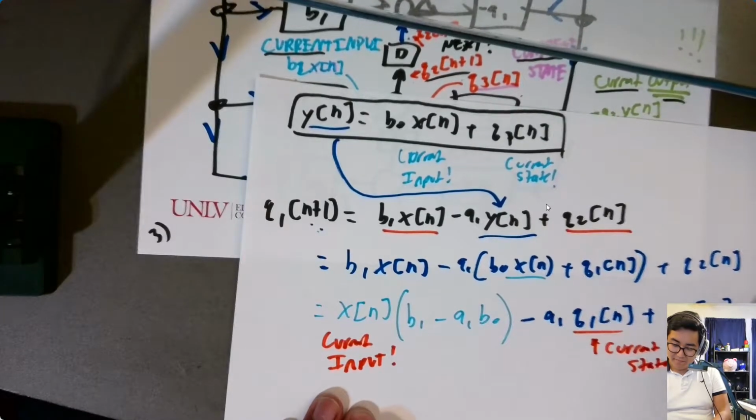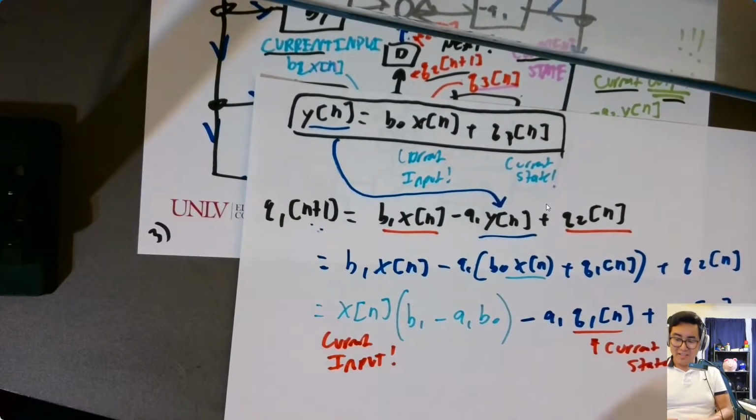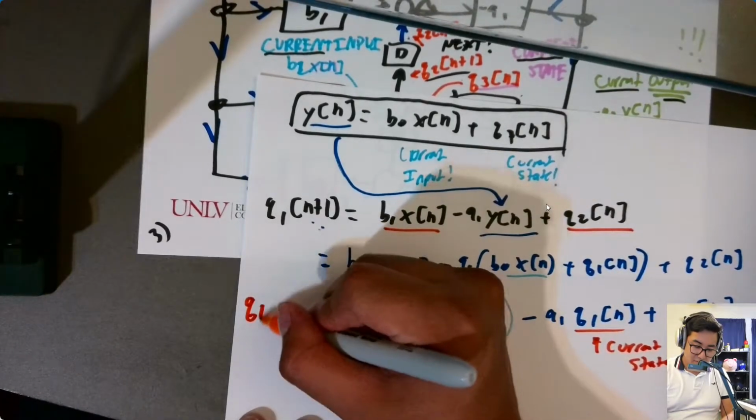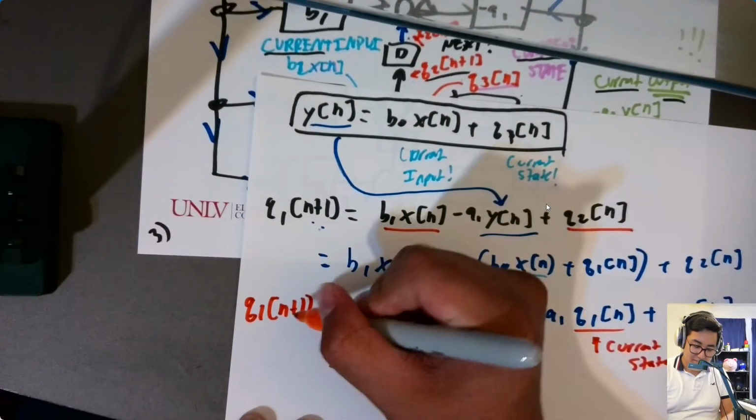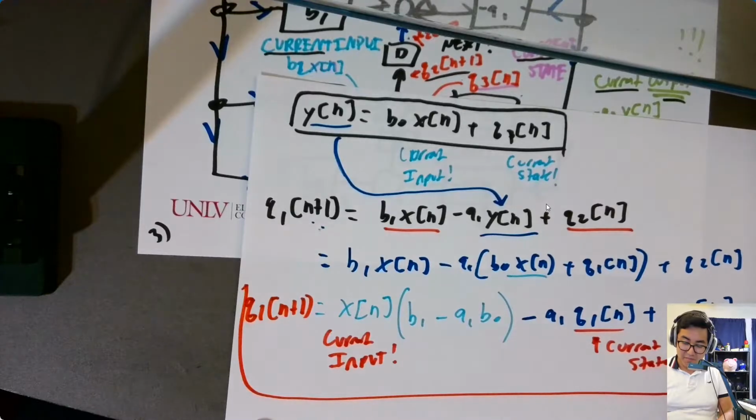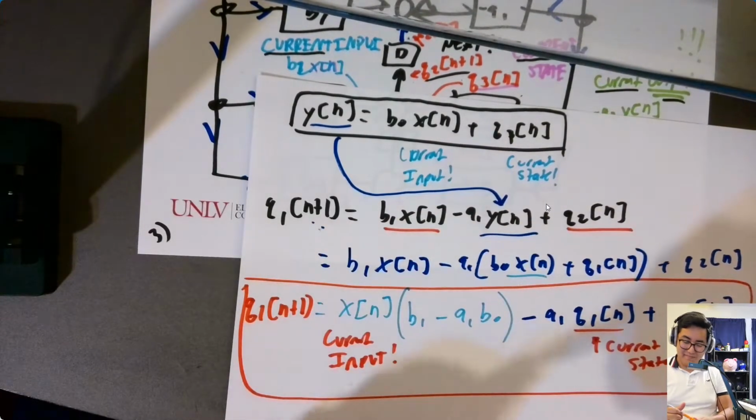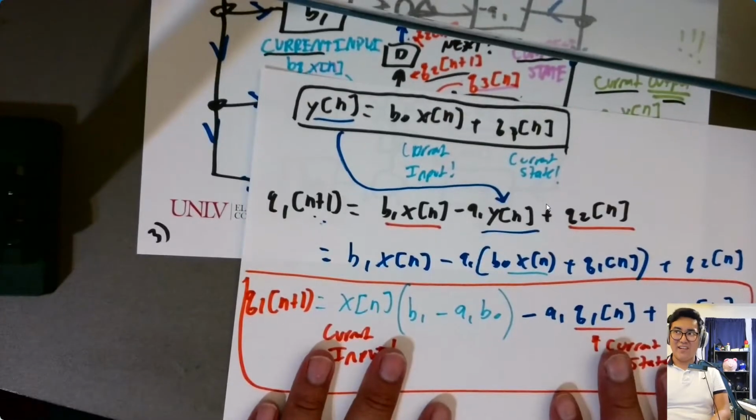There we go. And now we're done. Q of 1 of n plus 1. And I'm going to box that. There we go. So now we're done with that equation.